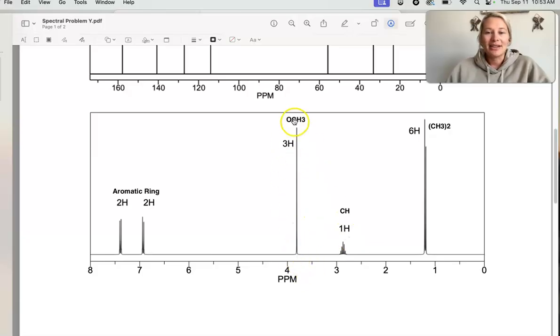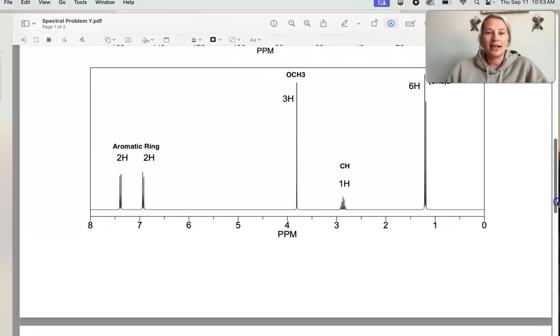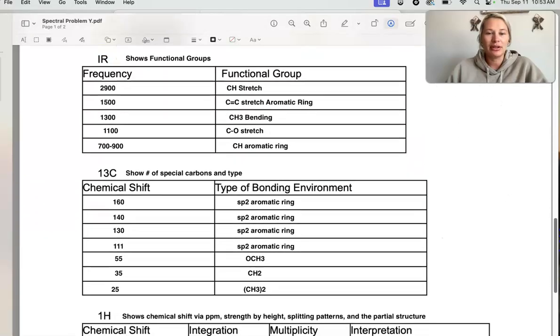At 3.8, we have a singlet with 3 hydrogens, and it is our methyl oxy group. Then we go down to 6.9 and 7.4. This is our aromatic ring, or a benzene ring, and they both are doublets with 2 hydrogens neighboring. That gave me an idea of what our structure would look like.